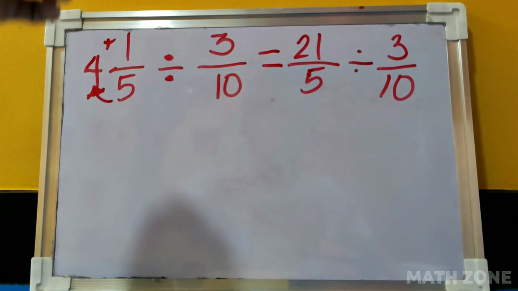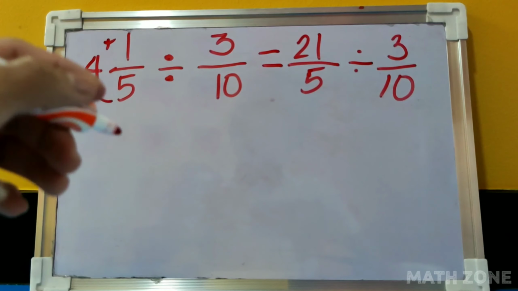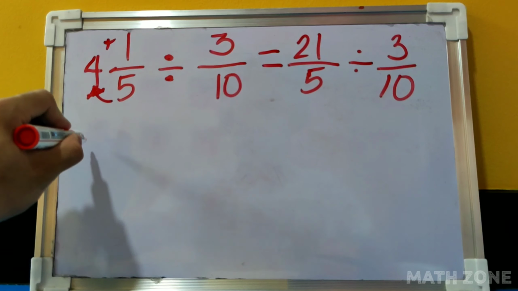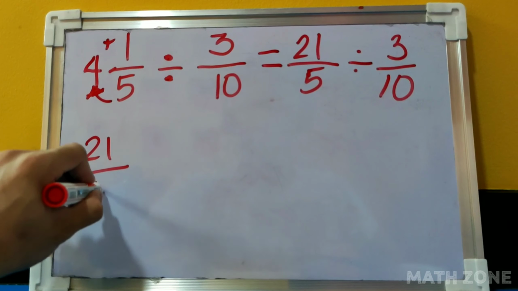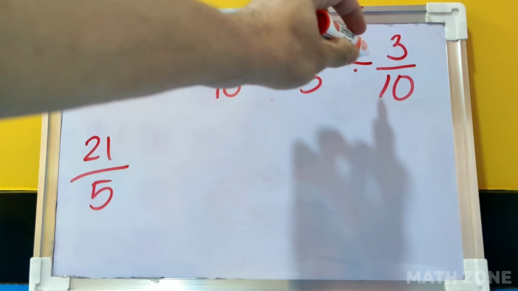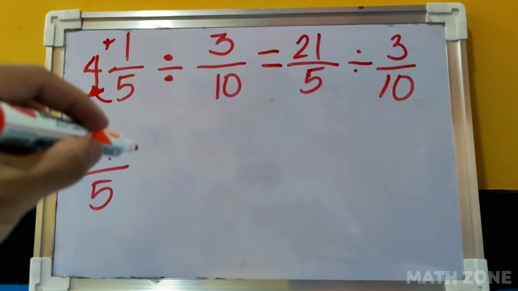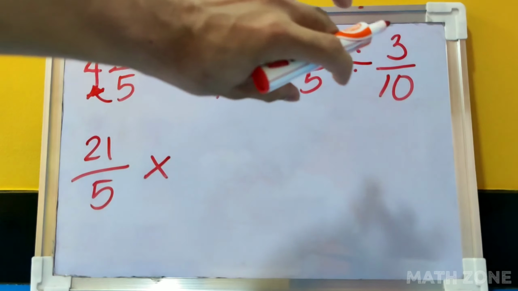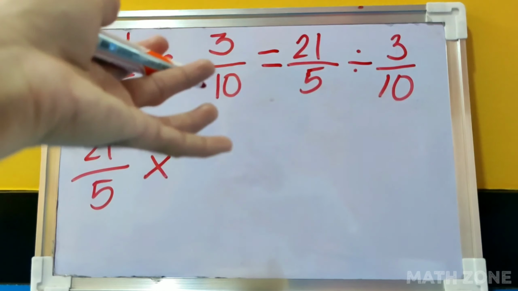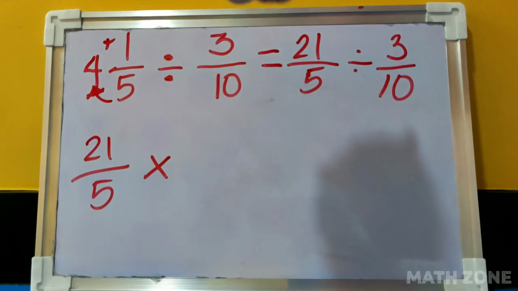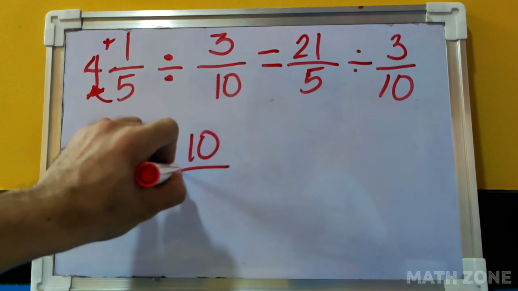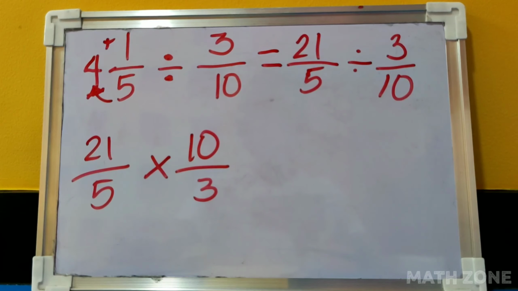And when dividing fractions, we just remember 3 steps. Copy the first fraction, that's 21 over 5. Change the division sign to multiplication, so that's multiply, and flip or reciprocate the second fraction. So 3 over 10 is going to be 10 over 3 now.